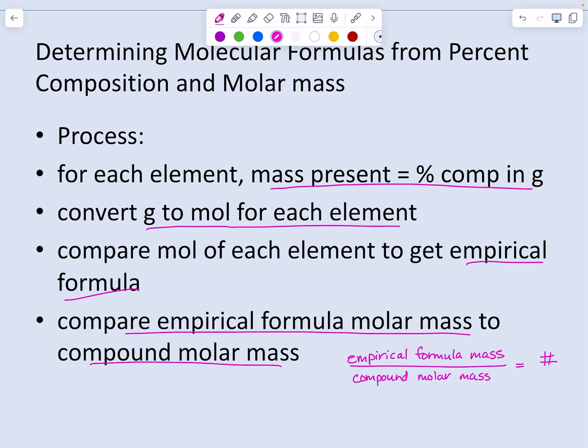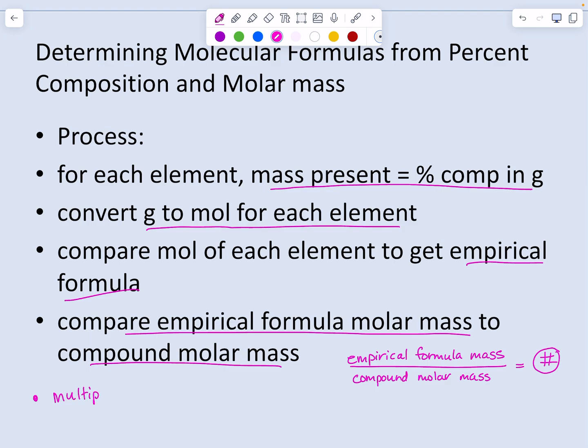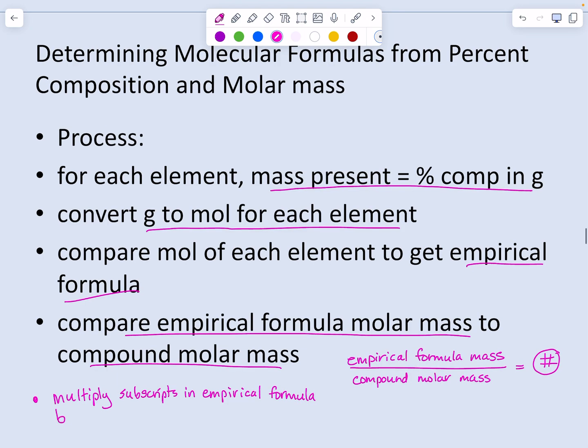So the last thing we're going to do is multiply the subscripts in the empirical formula by the number, and this is going to be rounded to an integer.